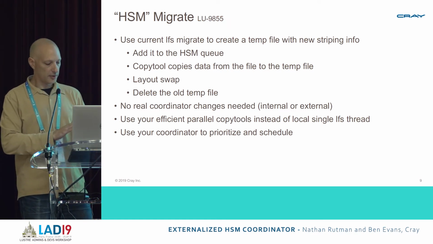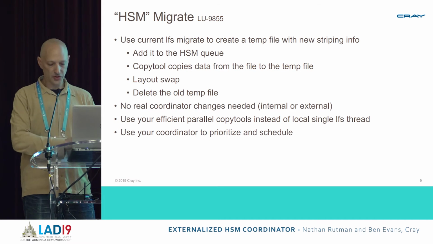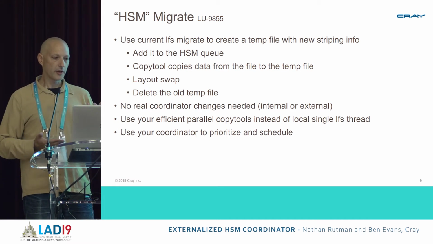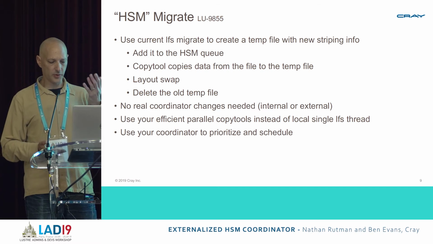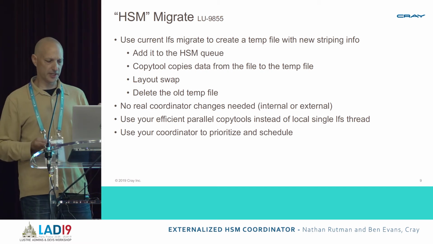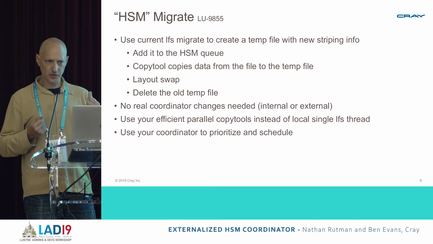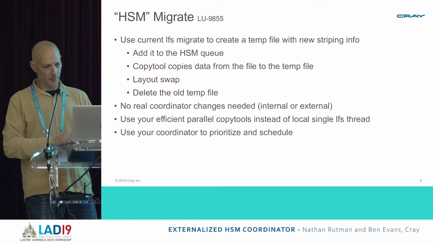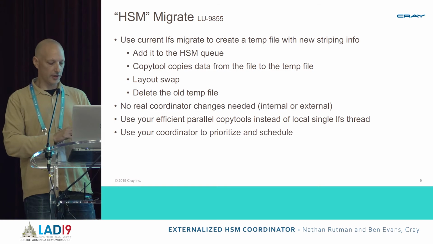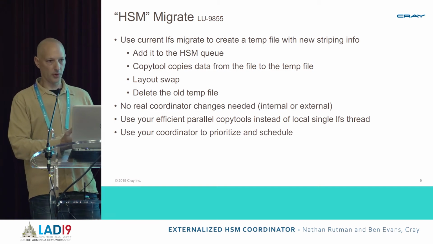Just like moving data from Lustre to an archive is a movement between tiers, moving data between a flash pool and a disk pool is also a movement between tiers. Well, in Lustre, those are two different things. One is HSM archive, the other is migrate between pools.